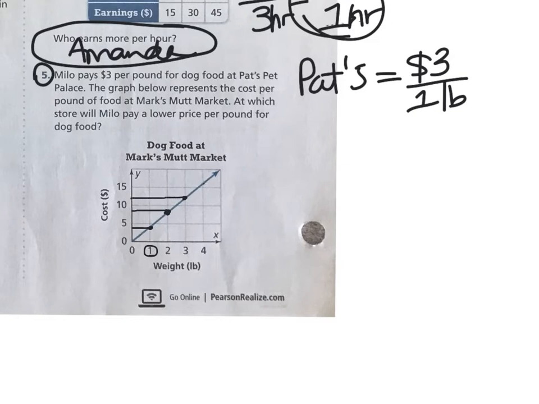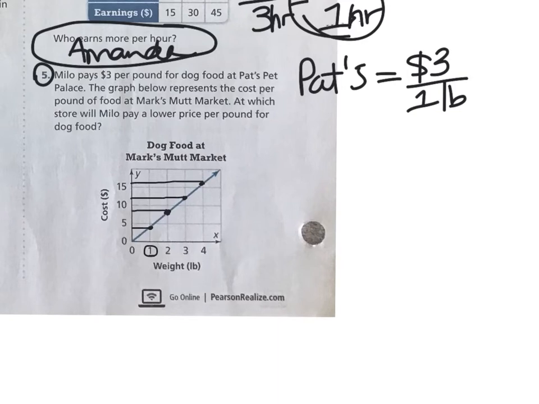And at 4 pounds, we're talking about a cost that is over $15. Okay, so we can use some educated estimation here to determine that Mark's Mutt Market is going to be charging more per pound than Pat's Pet Palace.